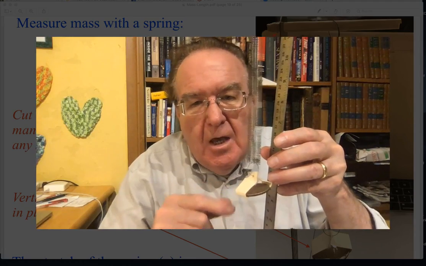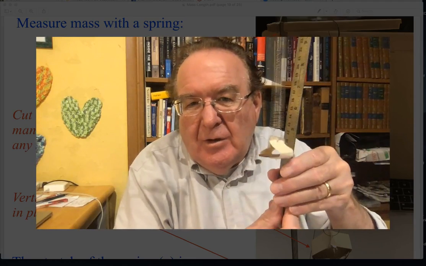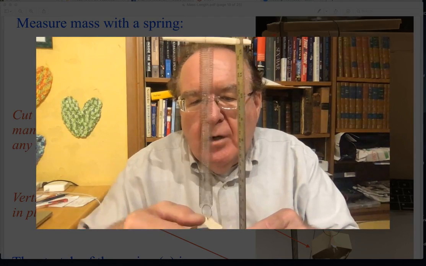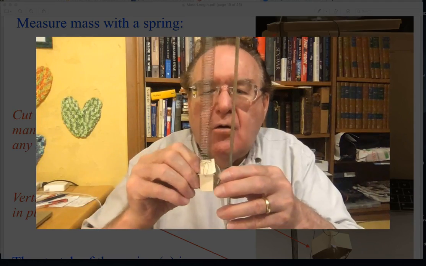And then I had to have something to anchor this to, and I conveniently found I could anchor it to the table I'm sitting on. So here you can see that if you put no mass, this is actually the dollar coin, I have to explain a few things here.